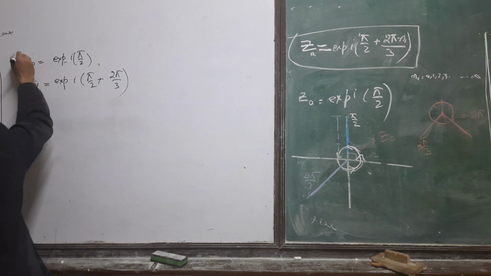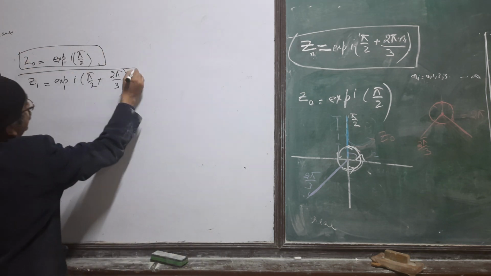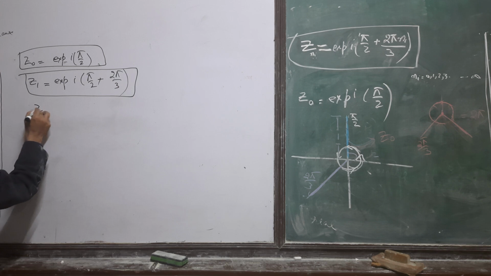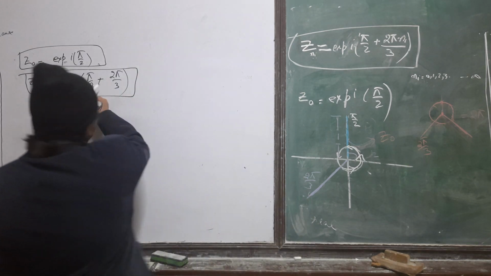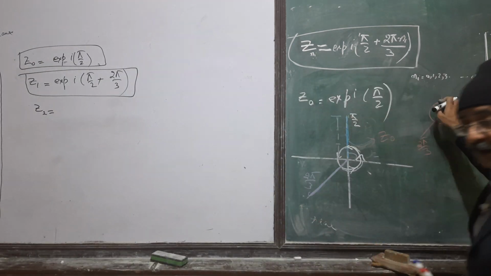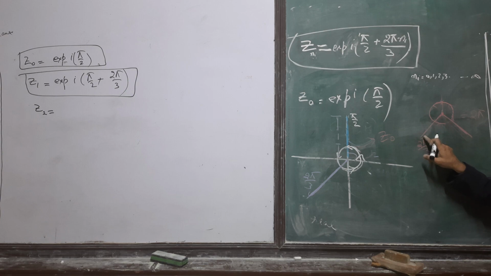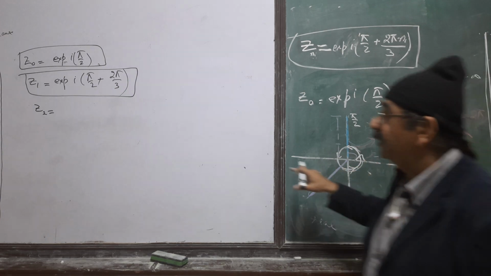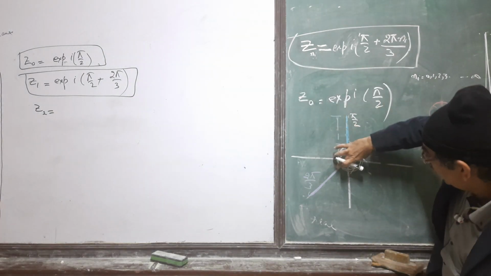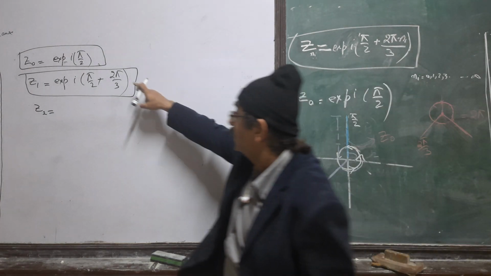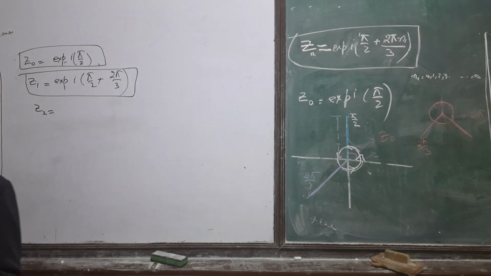So this will be the first root, this will be the second root. What will the third root be? We started from pi by 2 and rotate by 2 pi by 3, and we have added pi by 2 and then 2 pi by 3, got it?